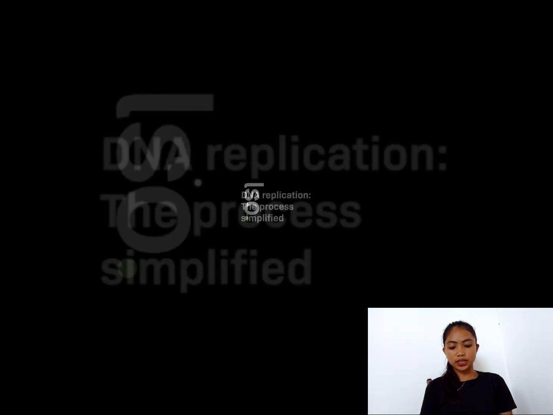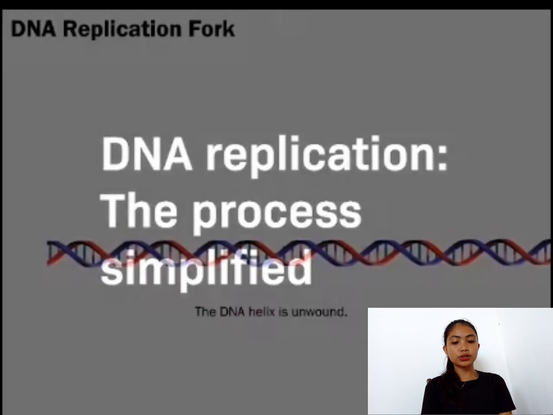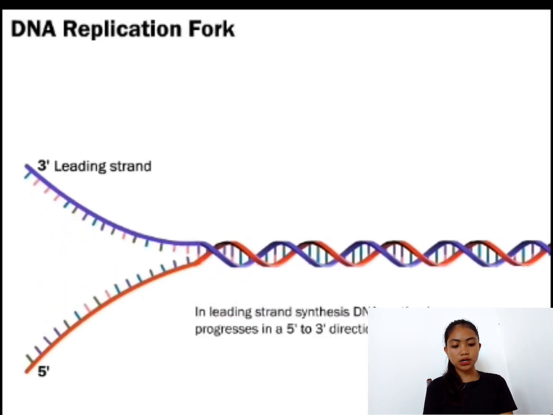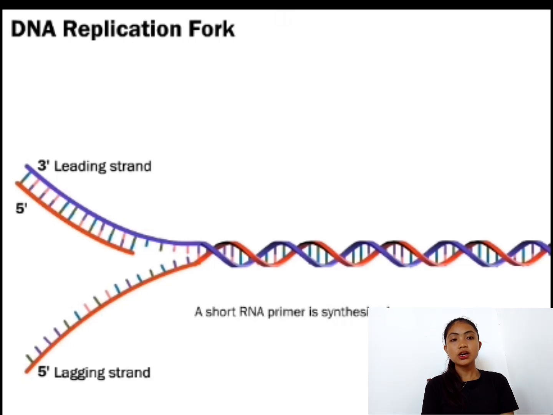DNA replication, the process simplified. The DNA helix is unwound in leading strand synthesis. DNA synthesis progresses in a 5' to 3' direction. Lagging strand synthesis is a bit more complicated because the DNA is exposed in a 3' to 5' direction. A short RNA primer is synthesized.